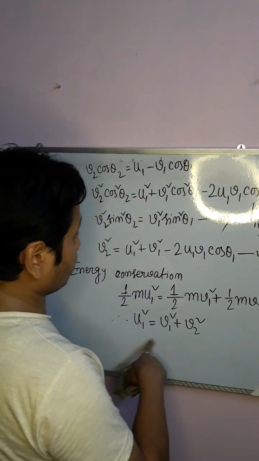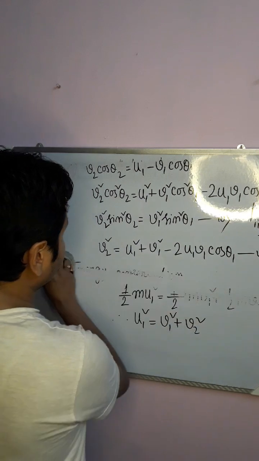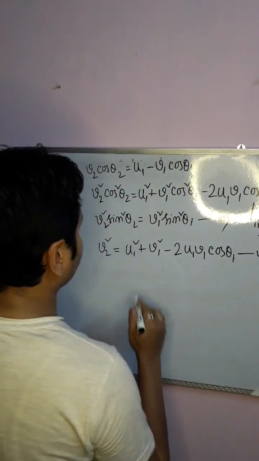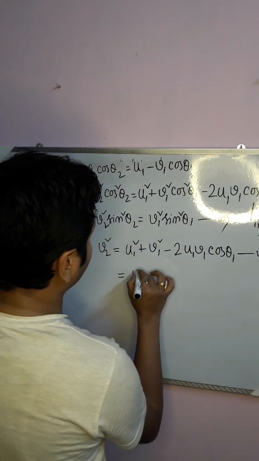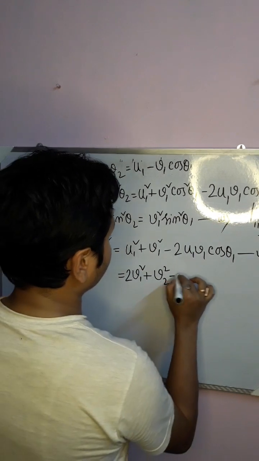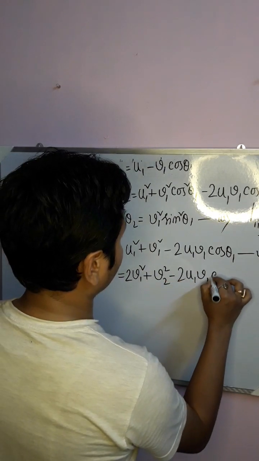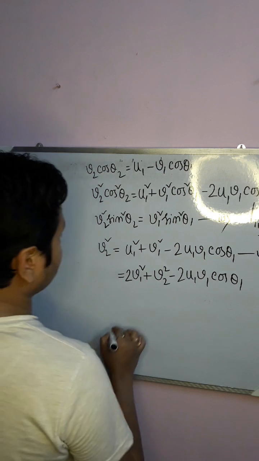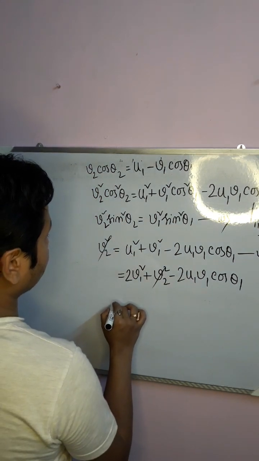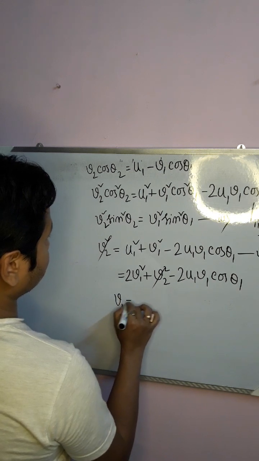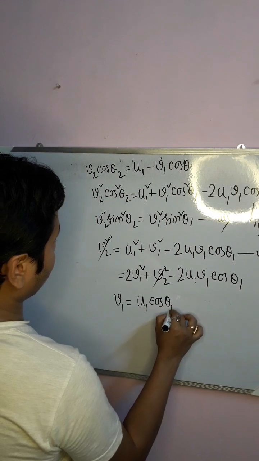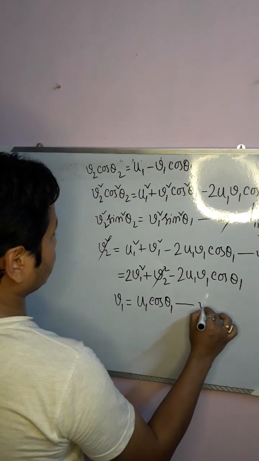If we substitute the value of u1 square here, that means v1 square plus v2 square, plus v1 square, minus 2 u1 v1 cos theta 1. So v2 square cancels. So what we get is v1 equals u1 cos theta 1. Okay, let us call this equation 6.